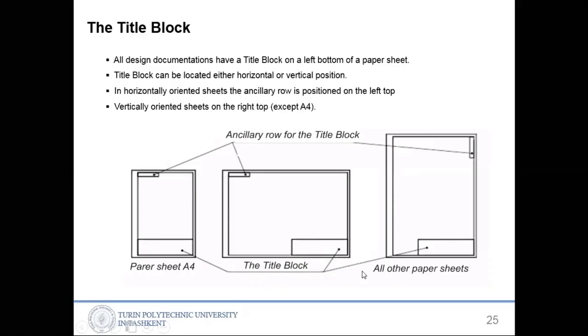Here you can see how to position the title block on different papers. In A4, the paper should be positioned vertically, and the title block should be drawn on the small side.